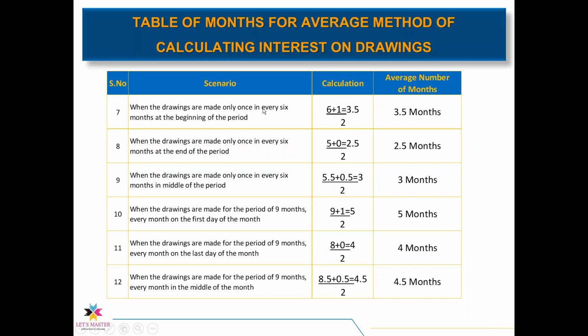And similarly, for beginning of every 6 months, 3.5, end of every 6 months, 2.5, middle of every 6 months, 3 months. Beginning of the 9-month period, 5 months, end of the 9-month period, 4 months, middle of the 9-month period, 4.5 months. So you have no other choice but to memorize these 12 scenarios, and for each scenario you will have to memorize the average number of months that you have to use in the formula.